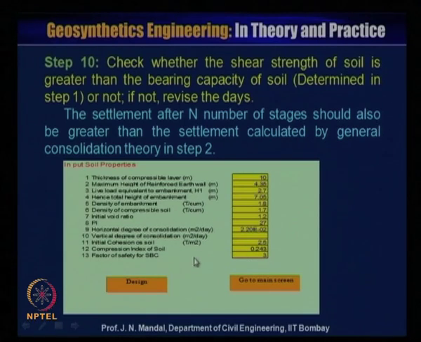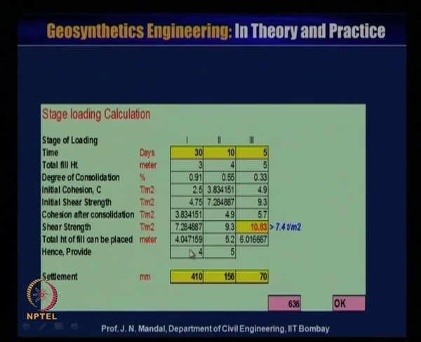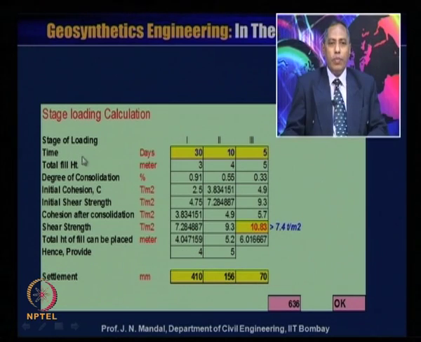So, we can see the result for the stage loading calculation. The first stage loading is for 30 days, the second stage loading for 10 days, and the third stage loading for 5 days.